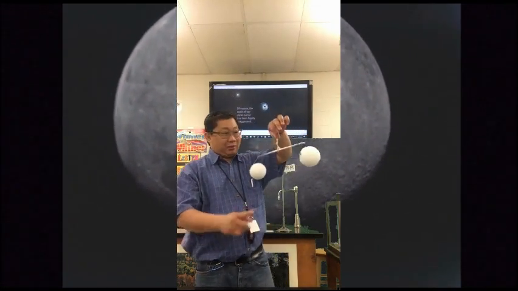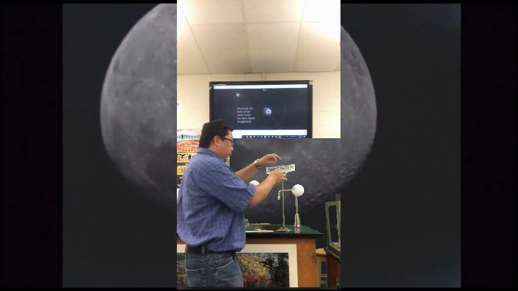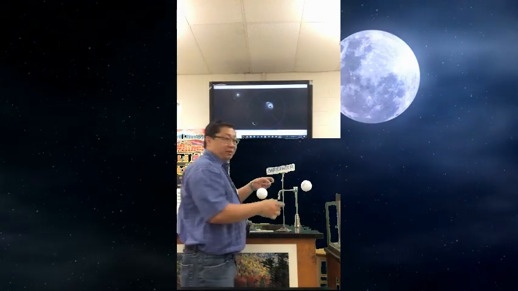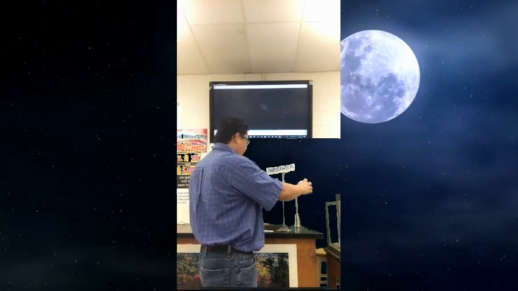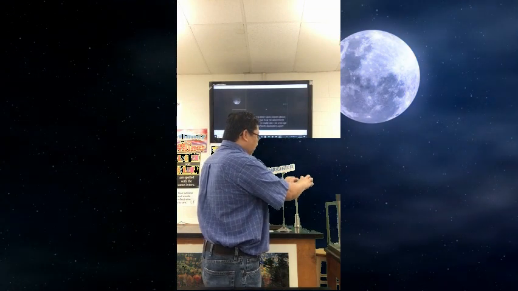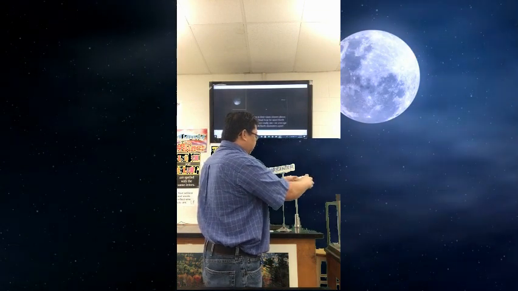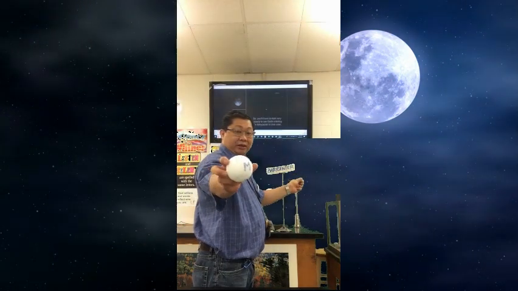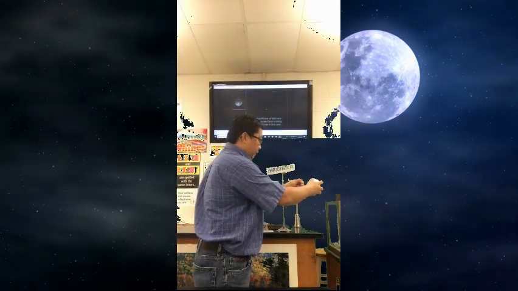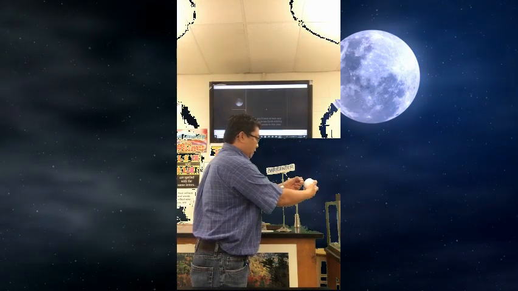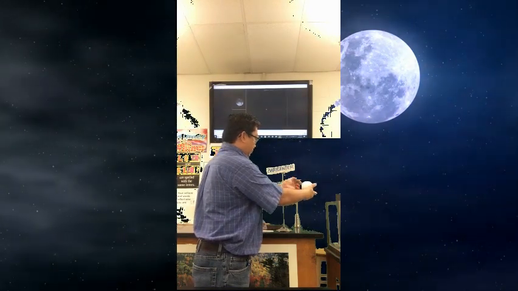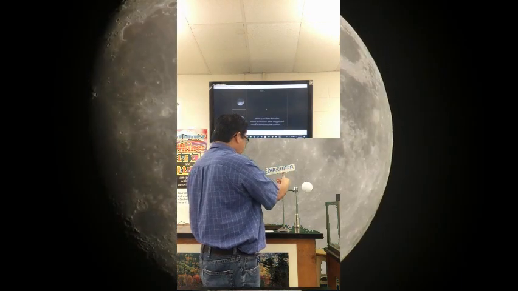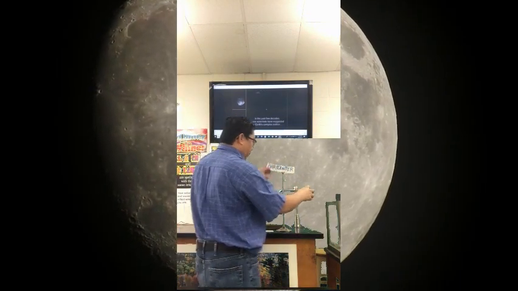Now, not all objects in space have the same mass. Some are big and some are small. Let's say we have the small ball, which has the letter M, represents the moon. Let's put it there. And then, let's have another ball here.